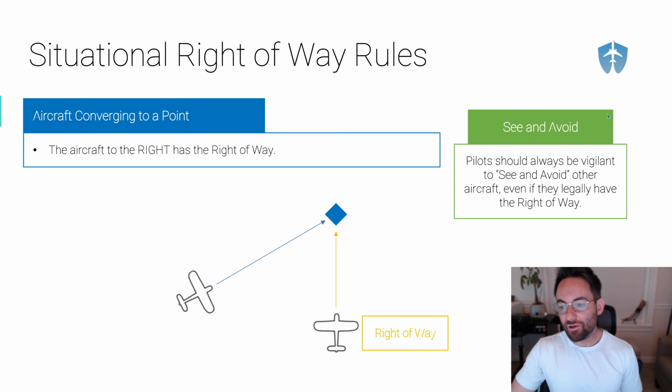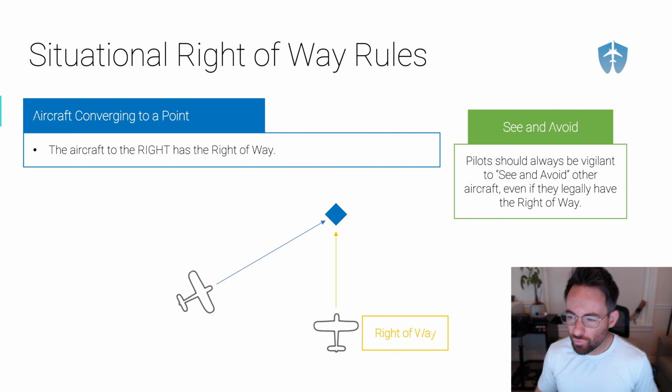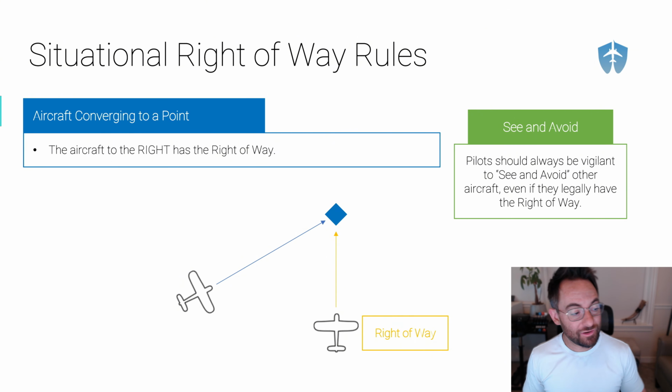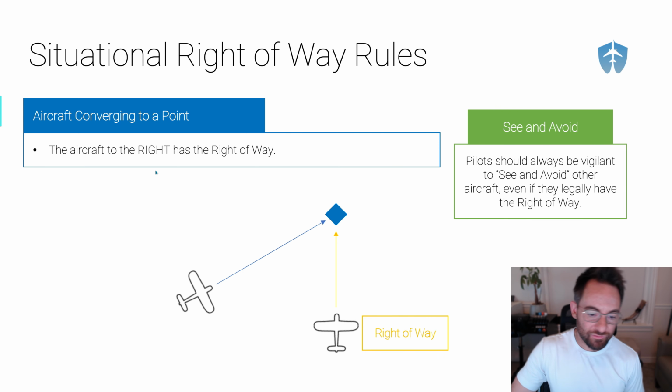All right. Now, this see and avoid concept, you're going to see this on these slides. But basically what we're saying here is pilots should always be vigilant to see and avoid other aircraft. Even if you legally have the right of way, still see and avoid. So even if you are this airplane and you have the right of way over this guy, and you are converging to this point and you see this pilot not moving, they might not see you.